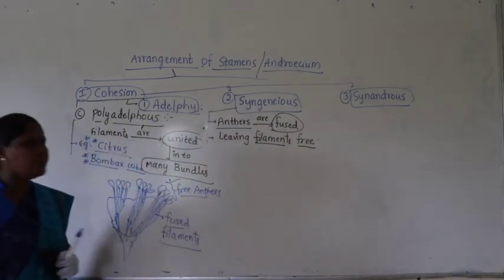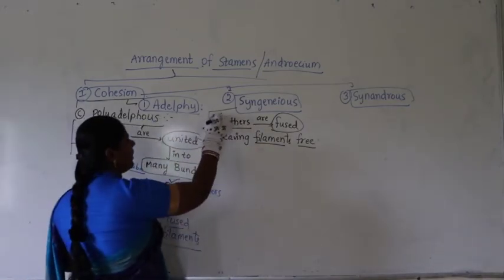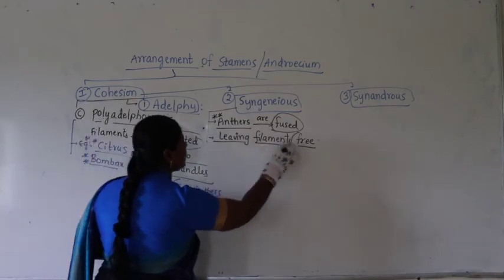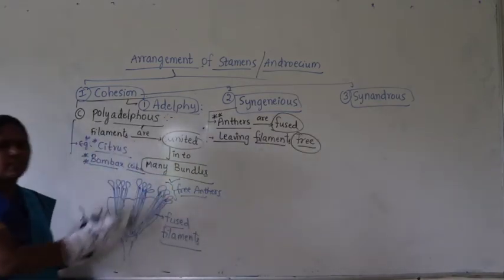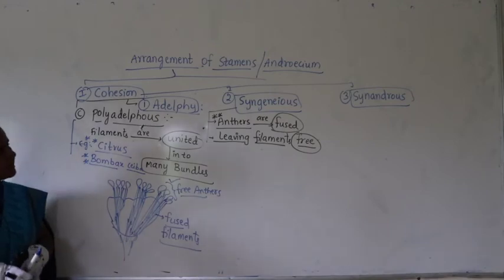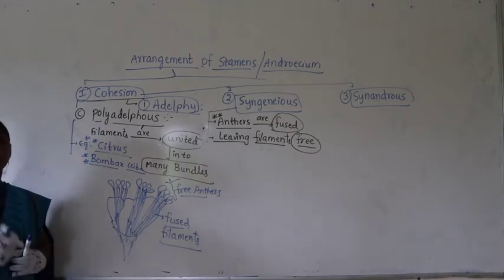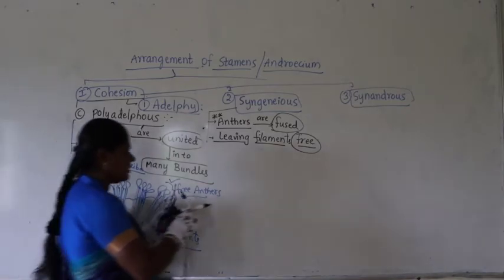What is the meaning of this? All anthers are joined together but filaments are free. That means quite reverse condition of this, which we call it as the condition called as what? Syngenesis.